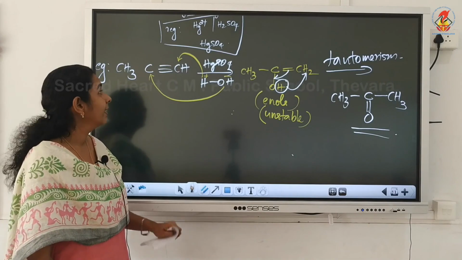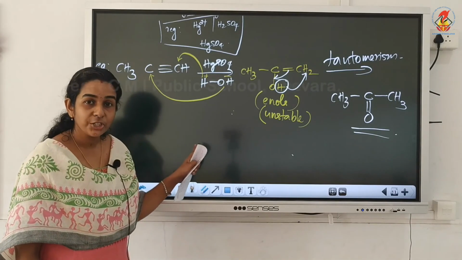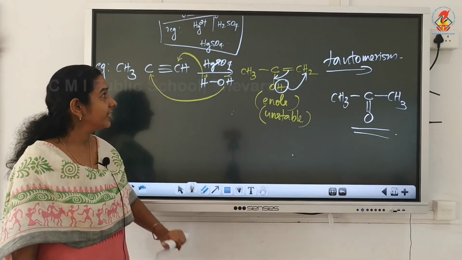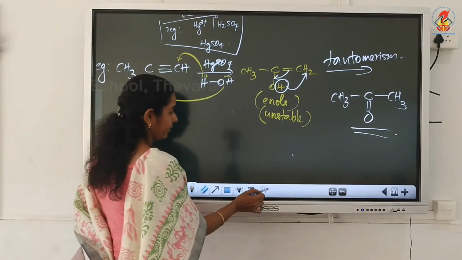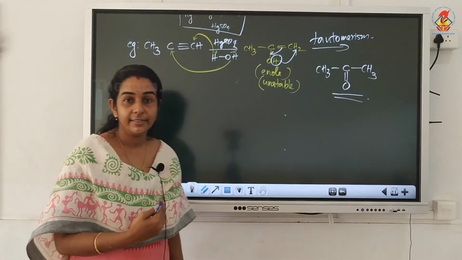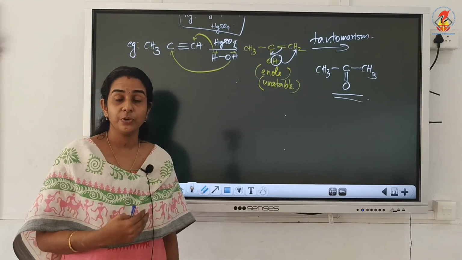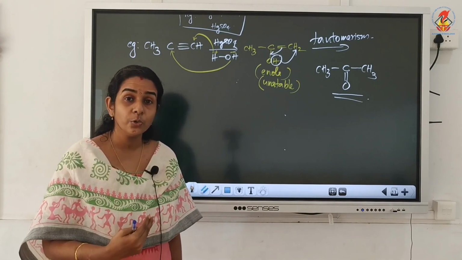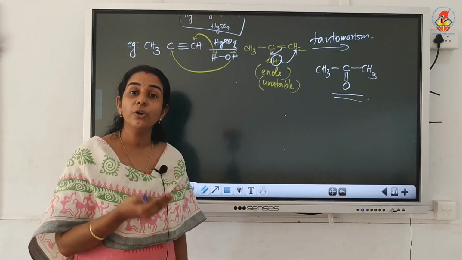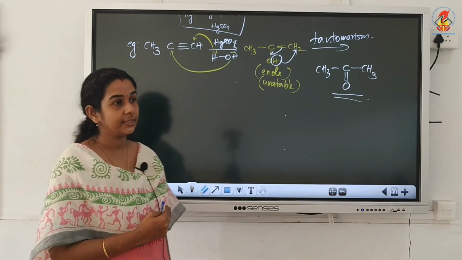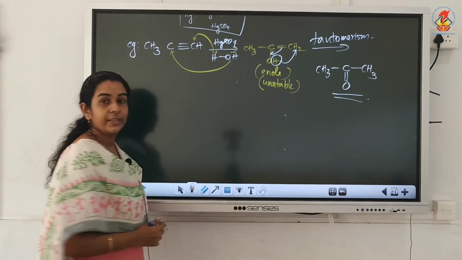So this is the hydration of alkynes. The reagent is mercuric sulfate. So these are the methods of preparation of aldehydes and ketones, the methods that we can use for the preparation of both aldehydes and ketones. Okay. Thank you.